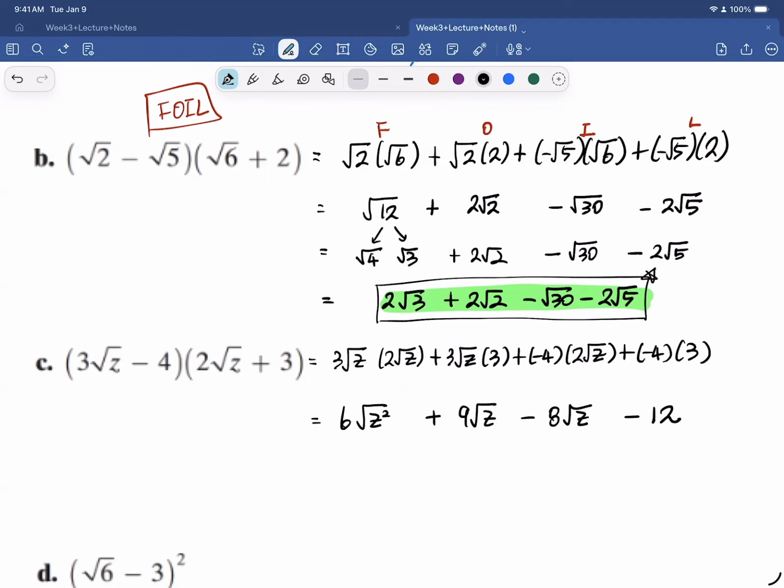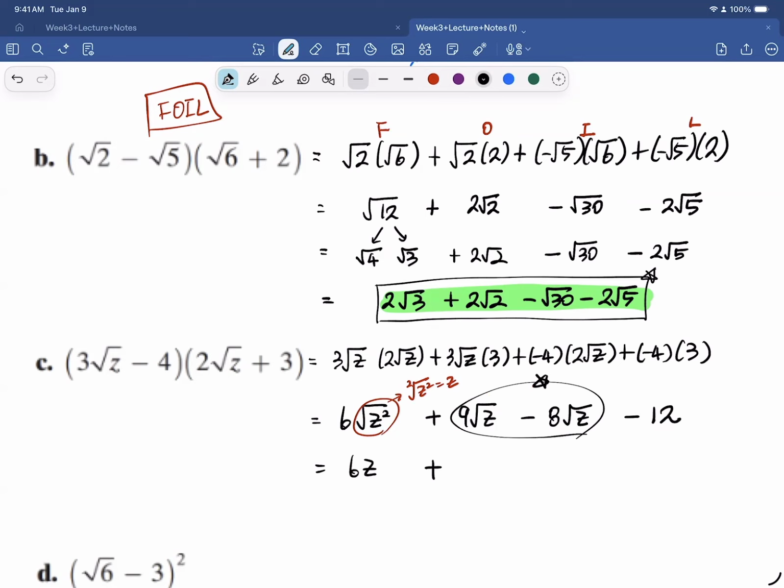So what is the square root of Z squared? It's just Z, right? So actually this is 6Z plus, this one, these are like terms, right? Same index and the same radicand.